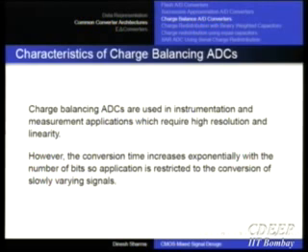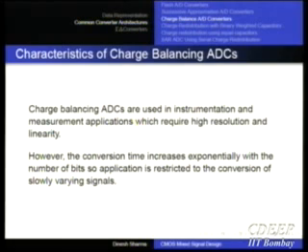Sometimes the requirement for linearity and monotonicity is so high that you still take that hit, and there is a fair amount of nuclear instrumentation which takes this hit. They will take sample and hold and do a slow conversion, but they absolutely want this linearity and monotonicity. The reason for that is that they want a differential of two values.